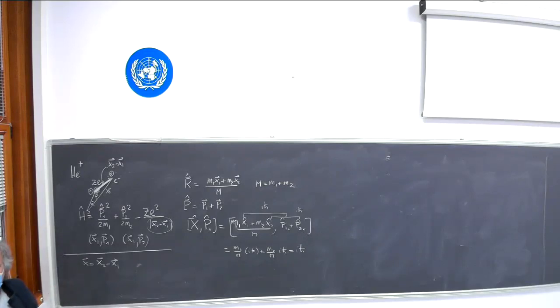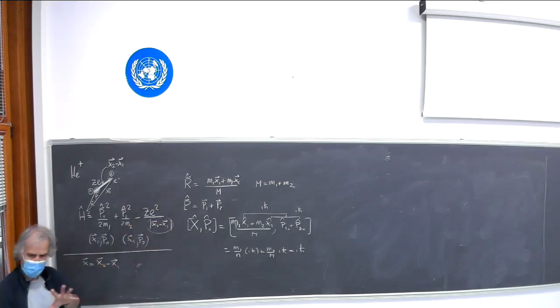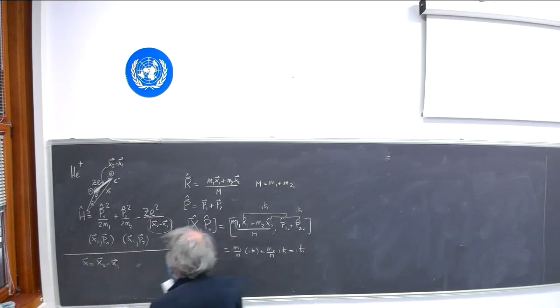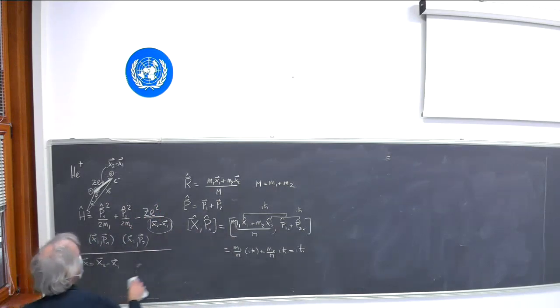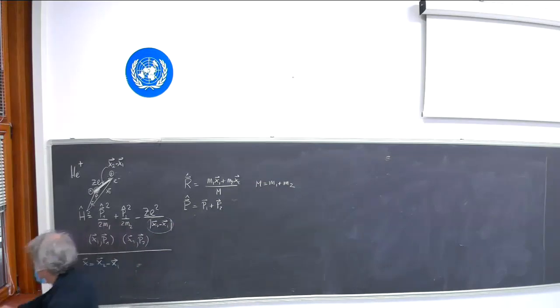But the point is, what is the relative momentum in some sense? Because I would like now to separate variables between center of mass and relative motion. I would like to do this clear separation of the two objects. And unfortunately, the first answer that comes to mind is wrong.